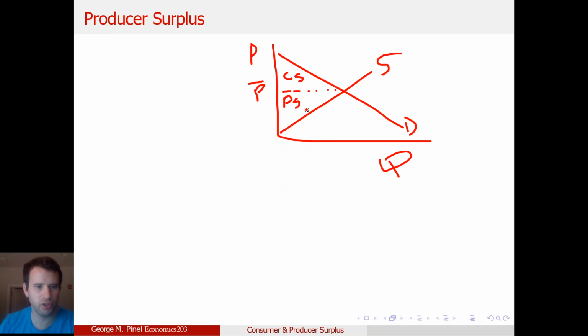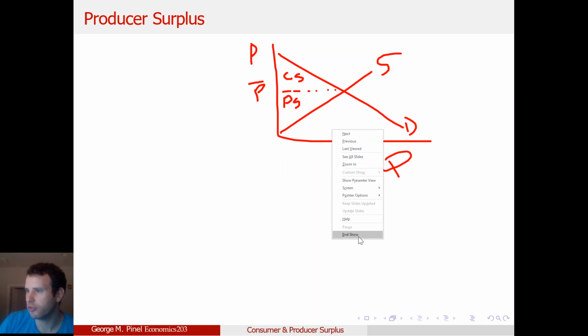So for one unit sold, price minus cost will be your profit for that unit. And that's basically your producer surplus in a nutshell. It's really just the mirror image of consumer surplus, and it's a method of measuring and quantifying how well producers are doing in a particular market, or as the result of a policy change or something like that.